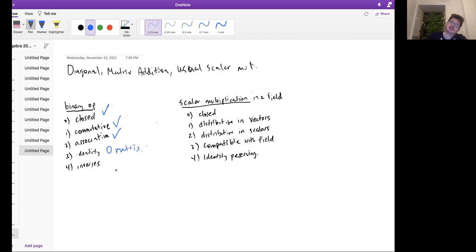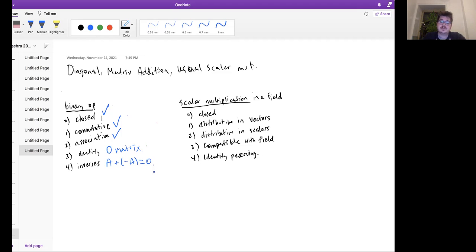The negative matrix, yeah. A plus negative A is equal to 0. Remember, inverse always applies to the binary operation. So there are no multiplicative inverses in this world.